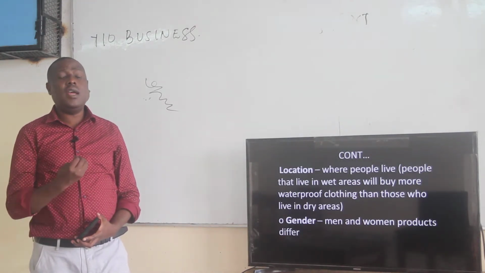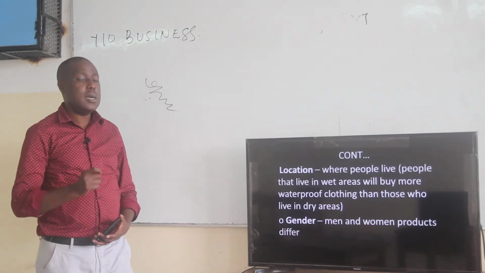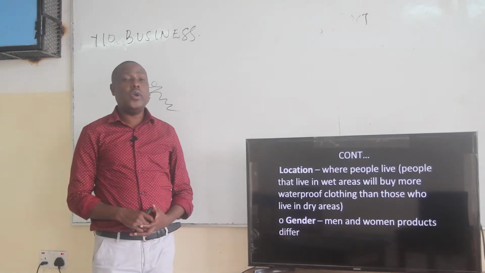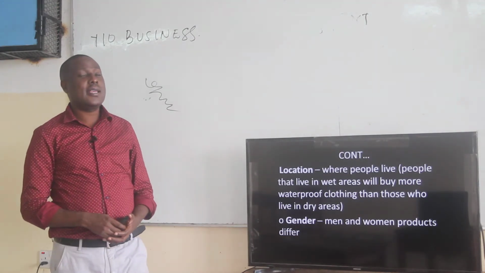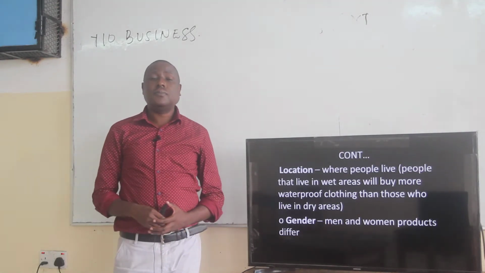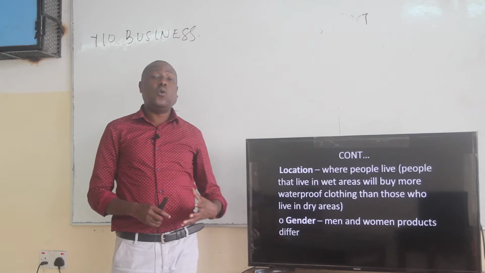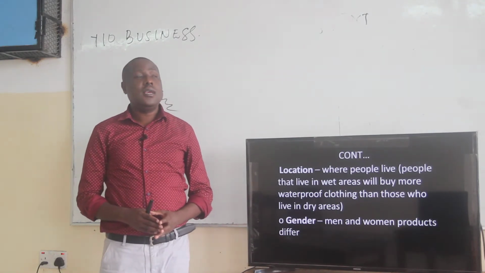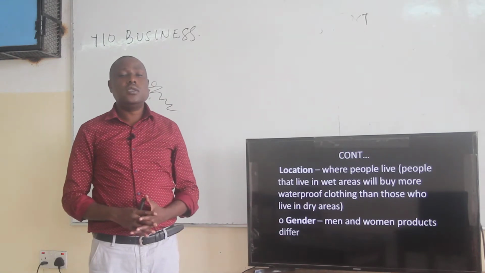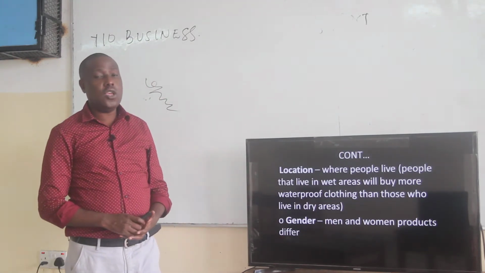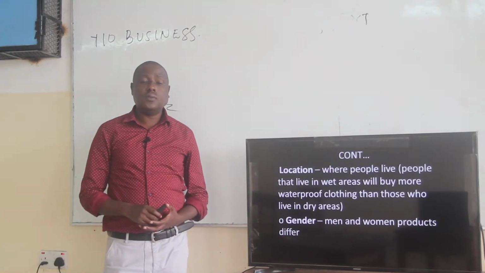So you know they need very warm clothing. So people are going to need gloves, mufflers, scarves, and so forth, right? And if you're dealing with people who come from very dry areas, they have no need for umbrellas and those clothes that are used during the wet seasons.